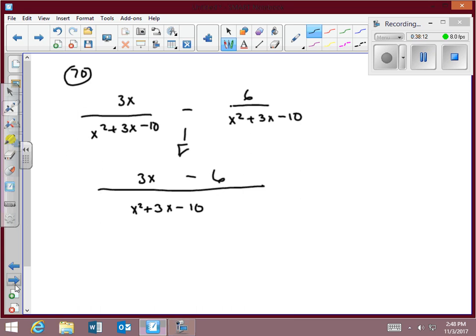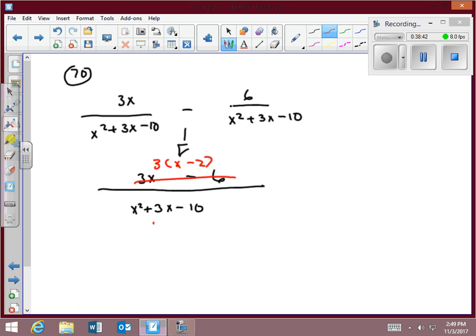Now then, what I need to do is factor that numerator. It's polynomial descending order, leading term positive. Is there a common factor? Yes. 3 comes out, and you have x minus 2. Right? Denominator. That's a polynomial descending order, leading term positive, no common factor. It's a trinomial, not a special case.